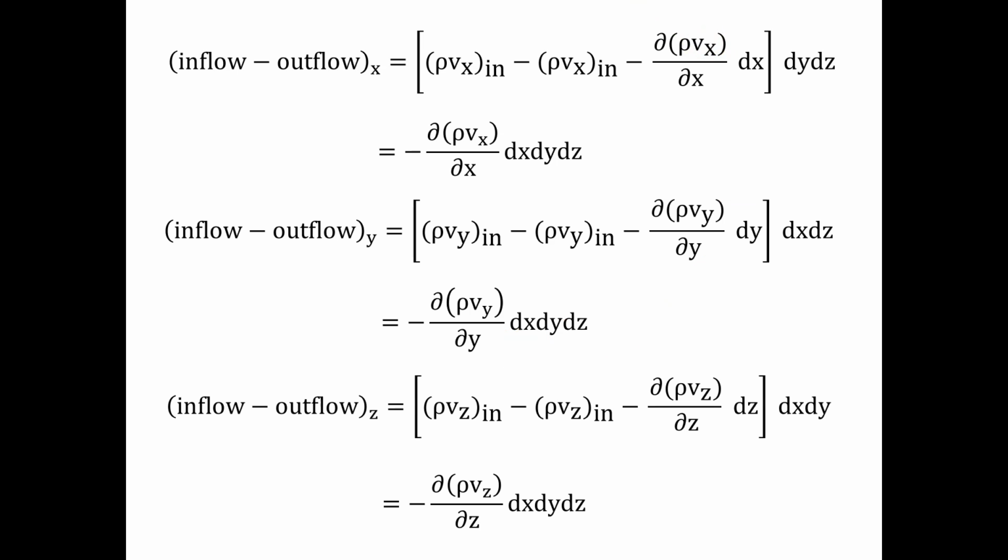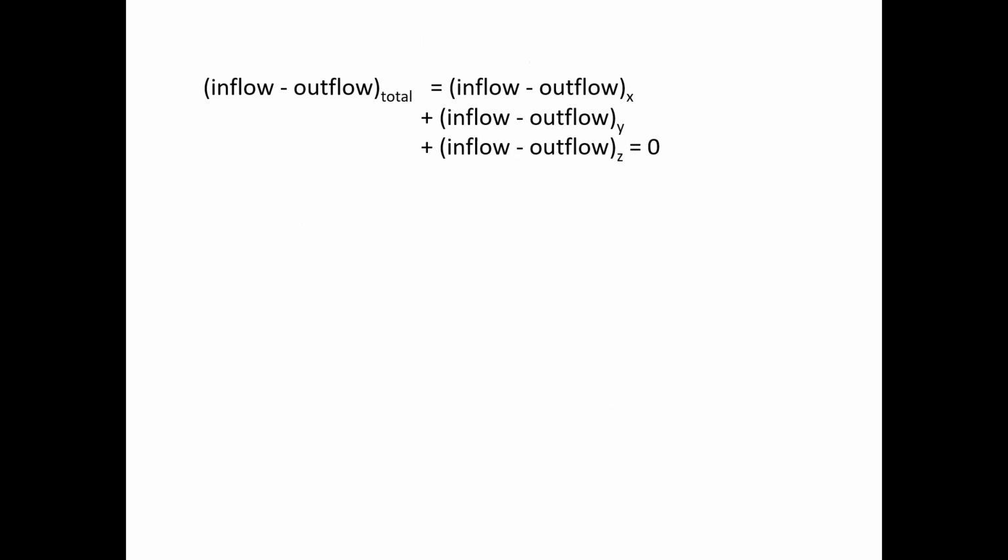And then again, we do the same thing for z. And then if we look at the total mass balance for that entire volume, we have to add up the inflow minus outflow differences for the x, y, and z.